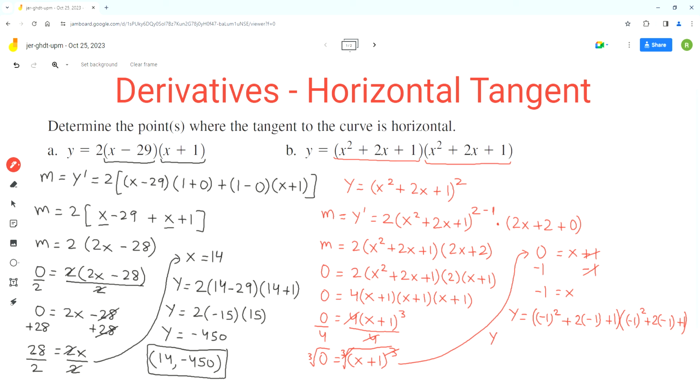So now we get y equals, negative 1 squared is just 1, and then 2 times negative 1 is negative 2, plus 1.